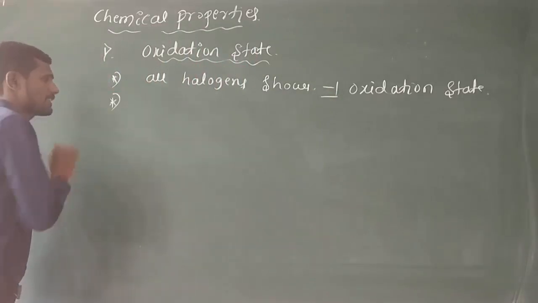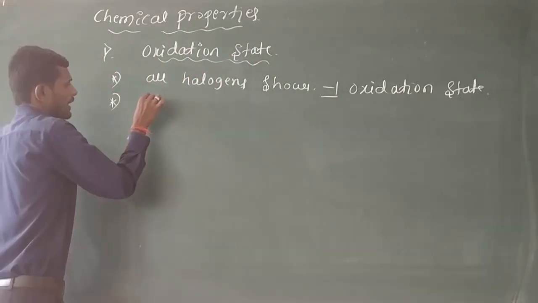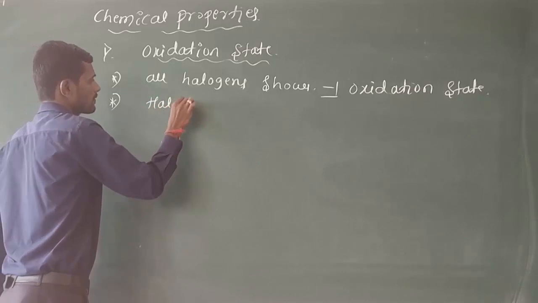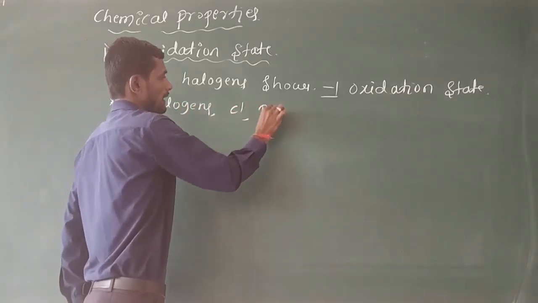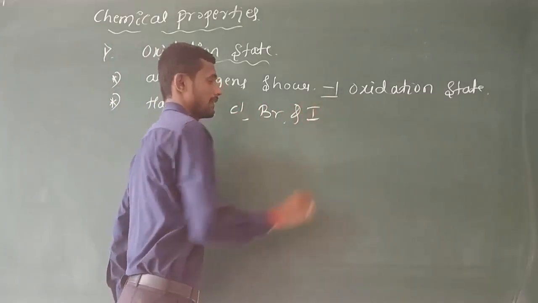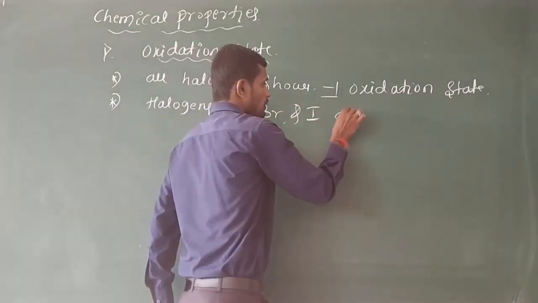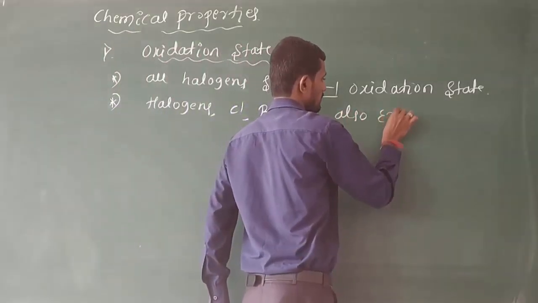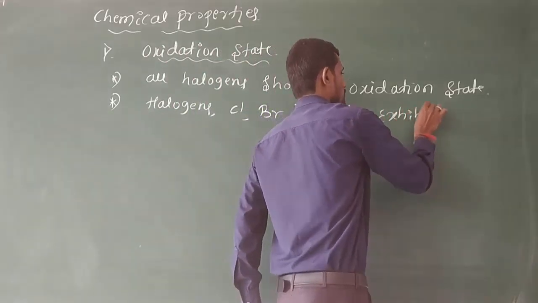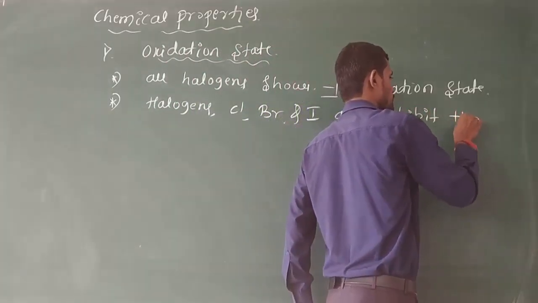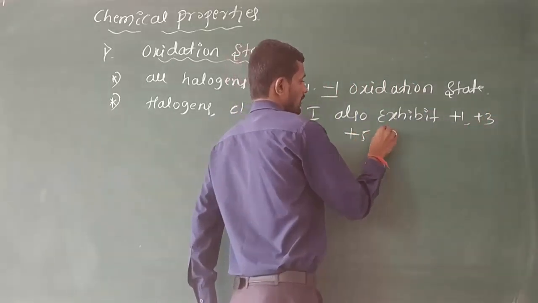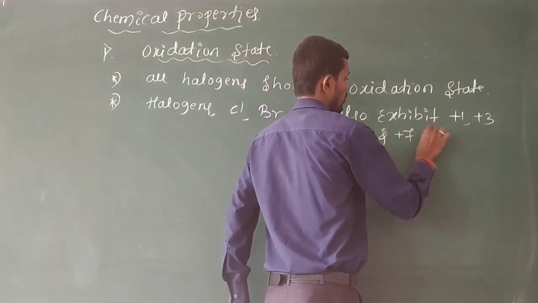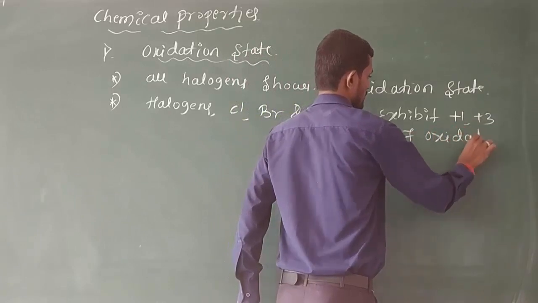And another point, halogens Cl, Br and iodine also exhibit plus 1, plus 3, plus 5 and plus 7 oxidation state.